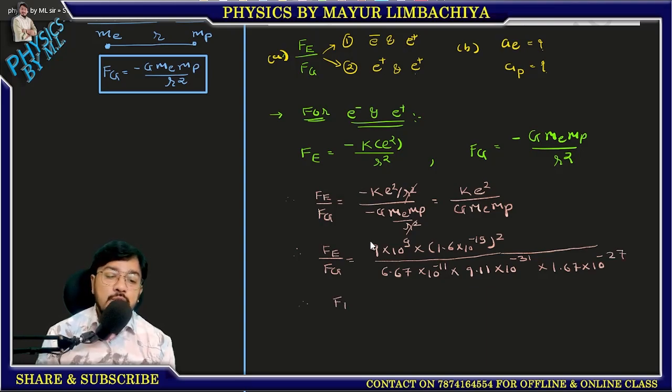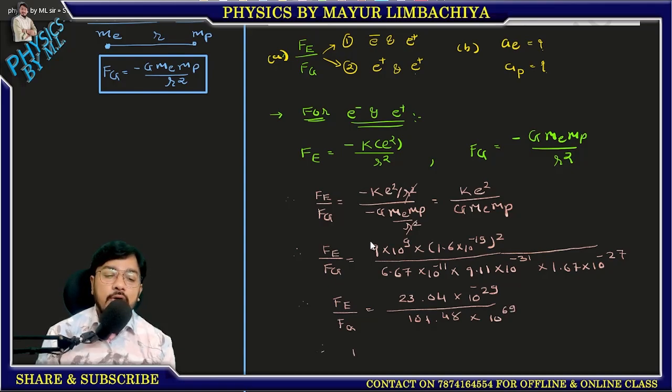So, dear students, if you do the multiplication of the numerator, you will get 23.04 into 10 raised to minus 29. Now let's multiply the denominator. If you multiply the denominator, it will be 101.48 into 10 raised to, if you sum all the powers, minus 11, minus 31, minus 27, it will be minus 69.